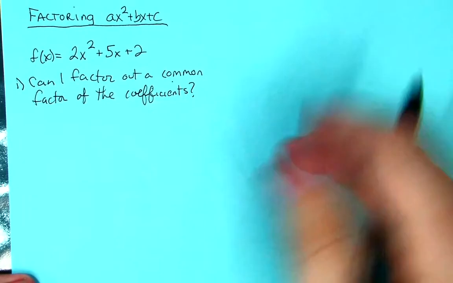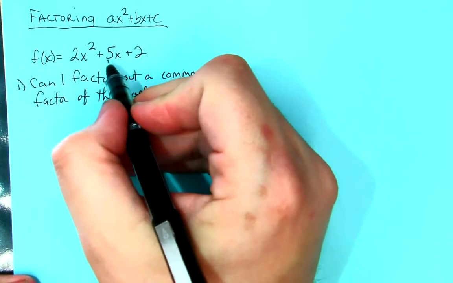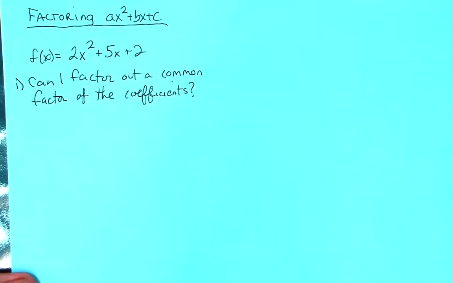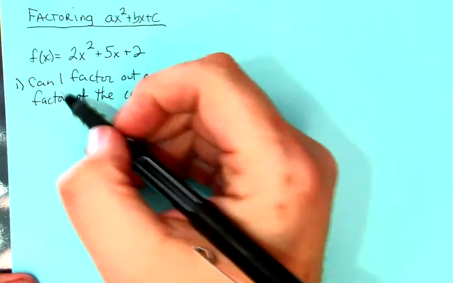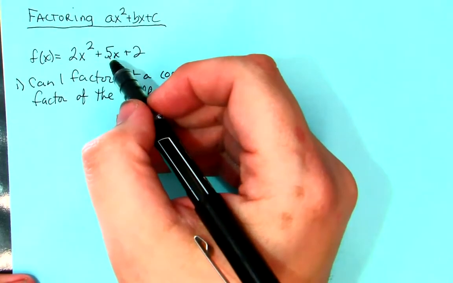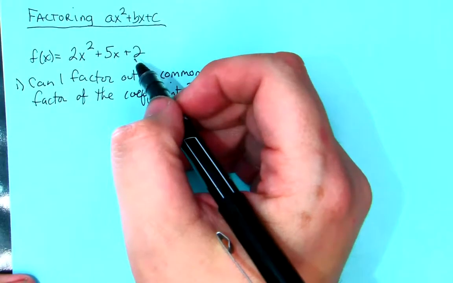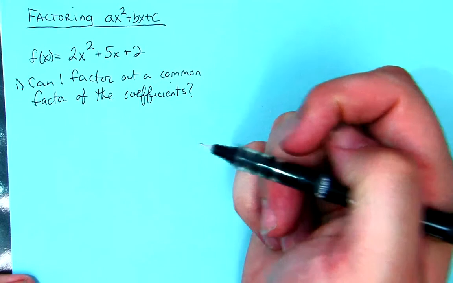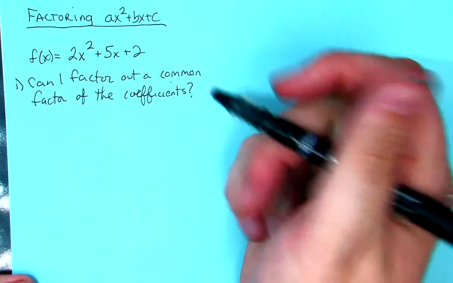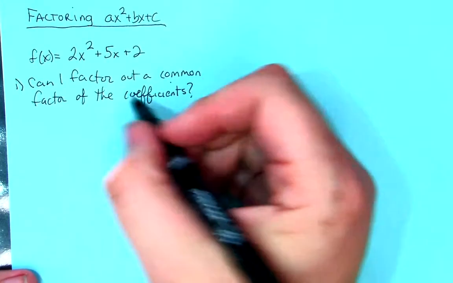That's your first question. You look at the 2, the 5, and the 2. Can you find a common factor that divides into 2, 5, and 2 without leaving a remainder? In this case, no, we can't.